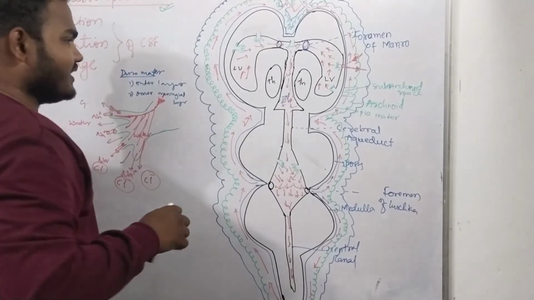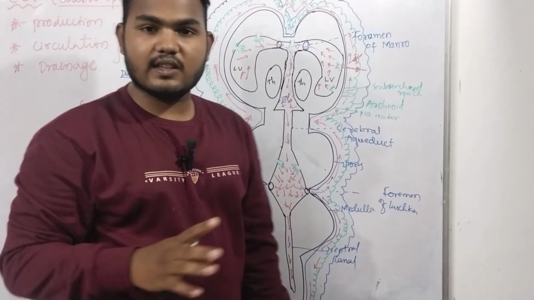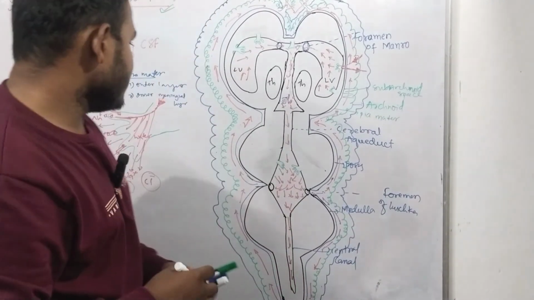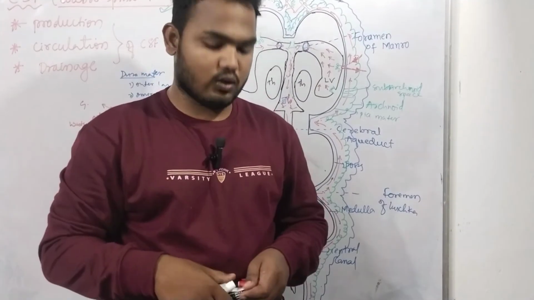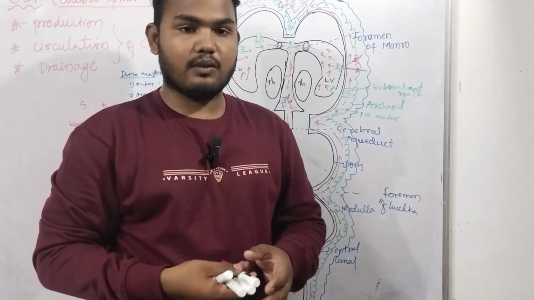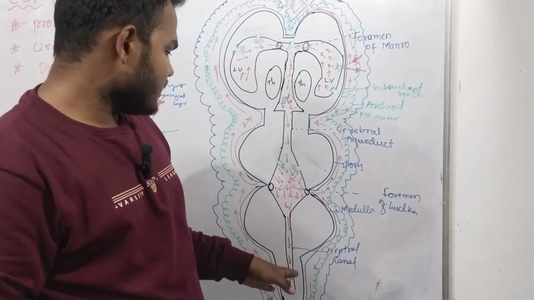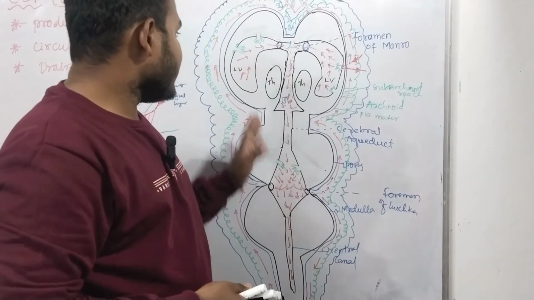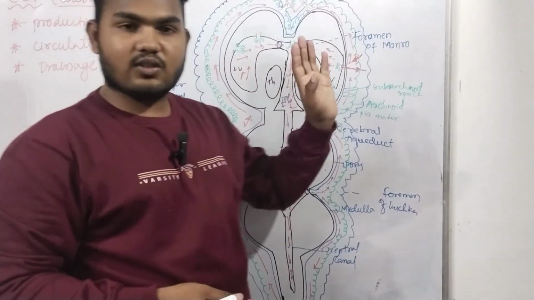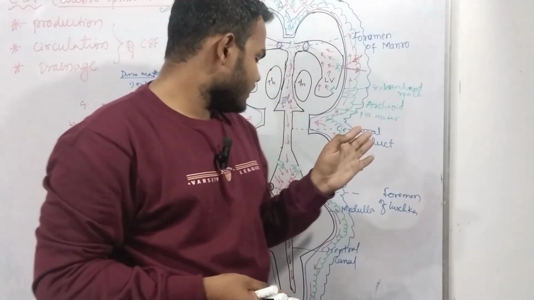I think it is clear how the CSF is produced. We will see the ventricles of the brain, how the CSF is circulated, and how it is drained in this lecture.